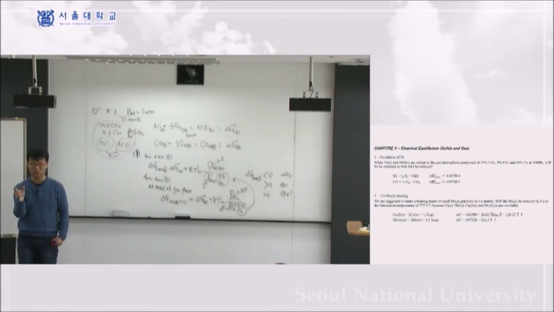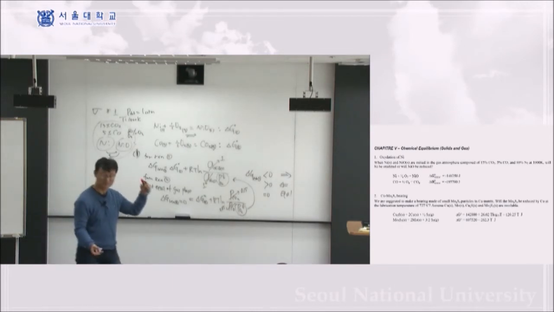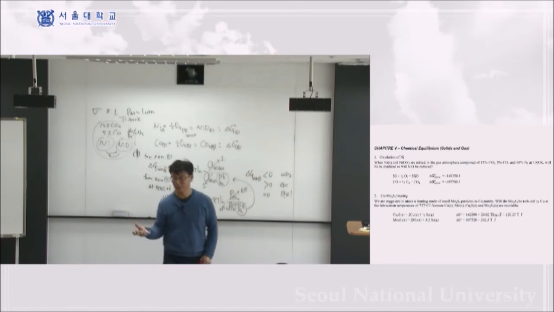Then it's a solid solution, and we have to consider the Gibbs energy of the solution phase, not the Gibbs energy of the pure stoichiometric phase. More generally, when you find a Gibbs energy in a book as a table, mostly this is the stoichiometric phase.